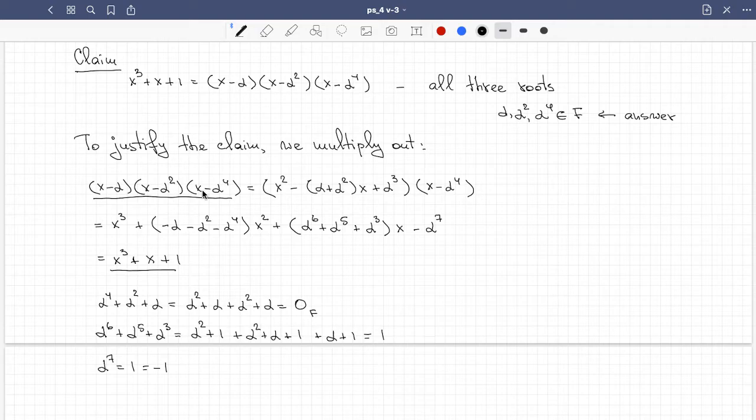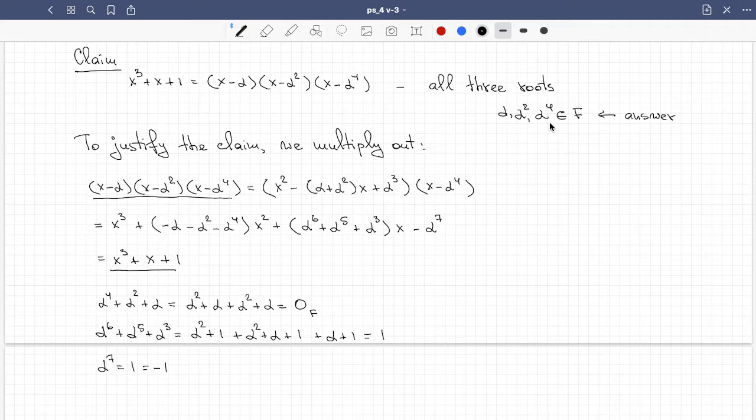With all three roots, alpha, alpha squared, and alpha to the 4, belonging to the field as required. We're done with this problem. Please pay attention.